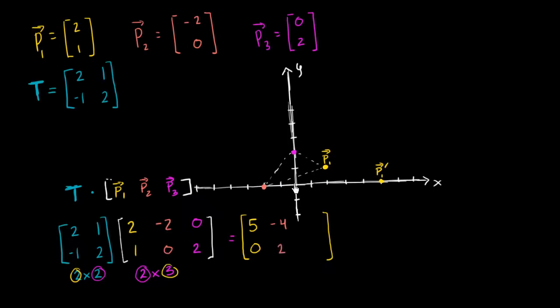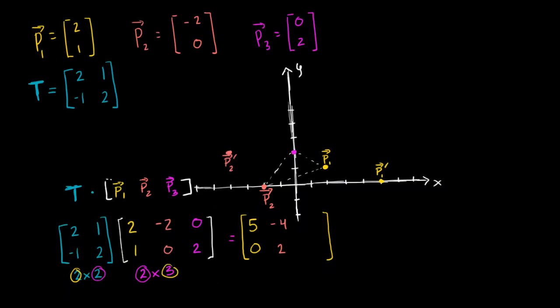So -4, 2. This is P2 prime, or the position that position vector P2 prime would specify.